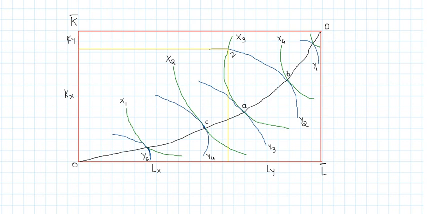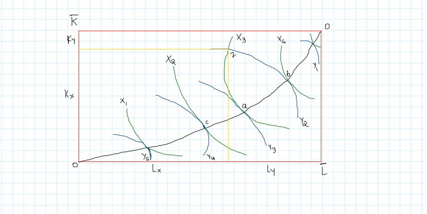How much capital is utilized to produce this Z? And you can see how much capital is utilized to produce X3 and Y2 quantities of output. You can say starting from here O to this point, Kx quantity of capital has been allocated to the production of X3 and Ky quantity of capital has been allocated for the production of Y2.